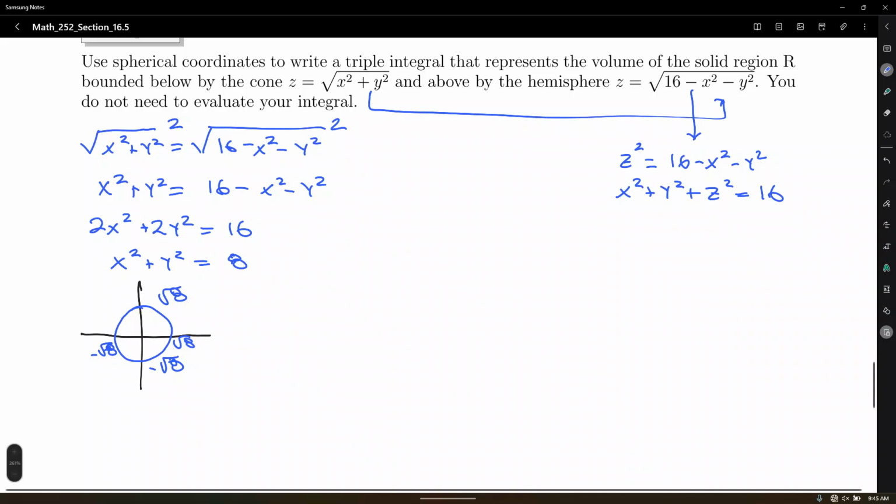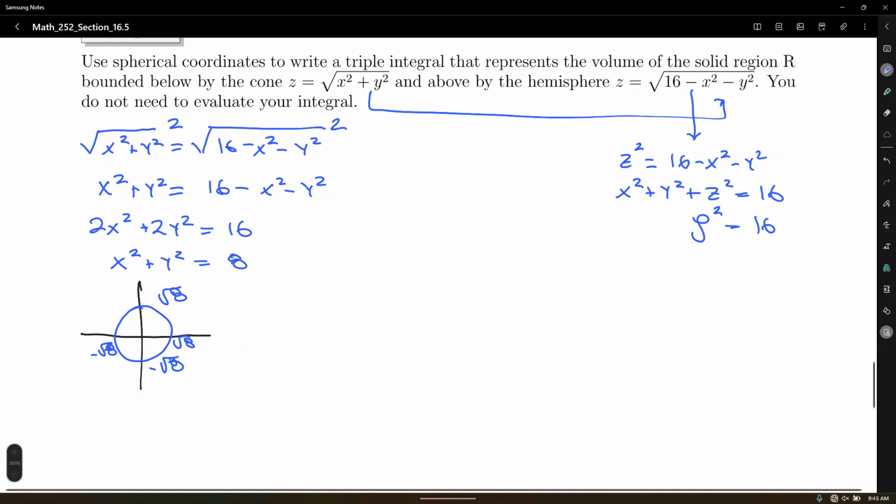But geometrically, what is this? It's a sphere of radius 4. So that's what's on the top of the cone, the sphere of radius 4.